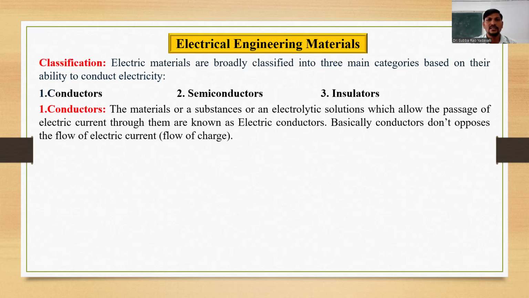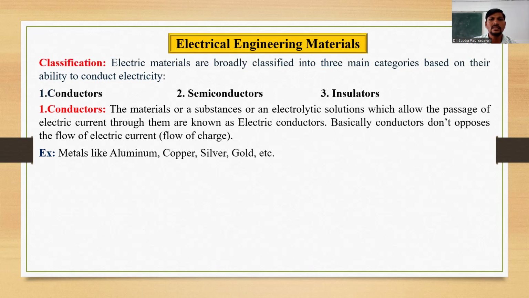The flow of charge is called the current. For example, all the metals like aluminum, copper, silver, gold, etc. are having electrical conductivity.